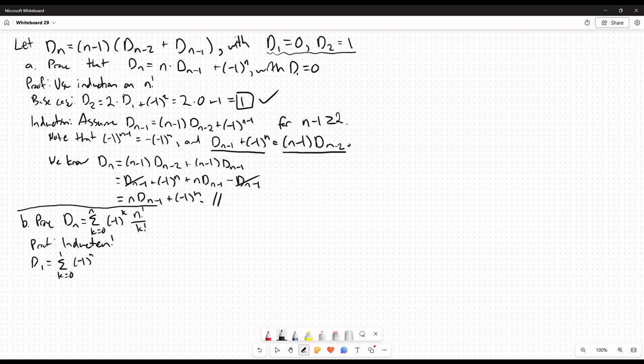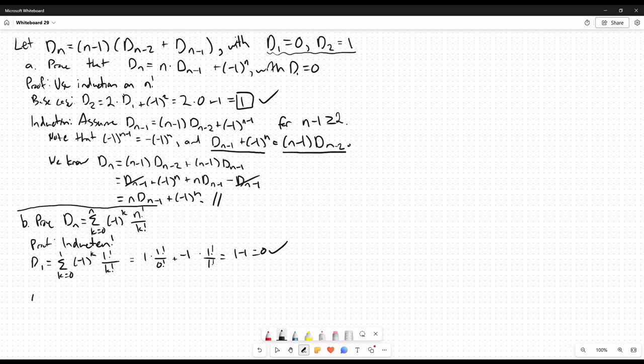It'd be really boring if that was n. Same here, that should be a k. And then we're going to have n factorial, which in this case is 1 factorial, over k factorial. And if you break this up, this is going to be 1 times 1 factorial over 0 factorial plus -1 times 1 factorial over 1 factorial, which equals 1 minus 1, which equals 0. So that's good.